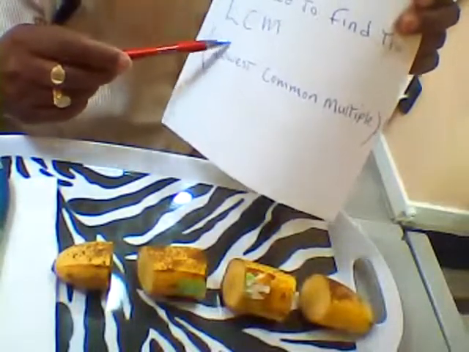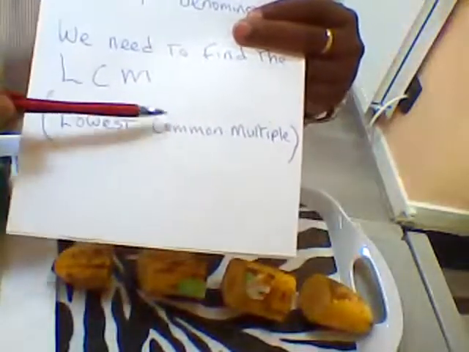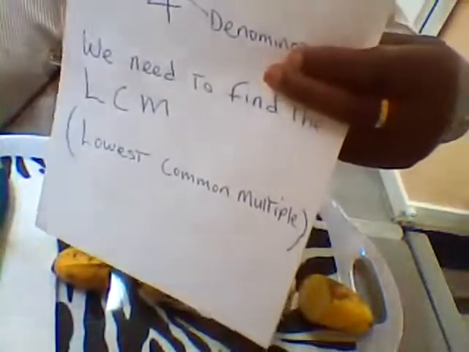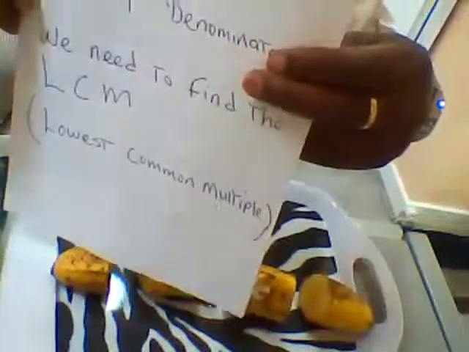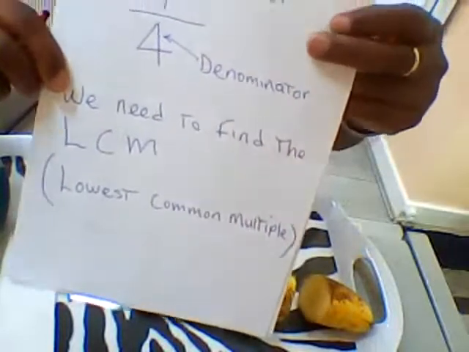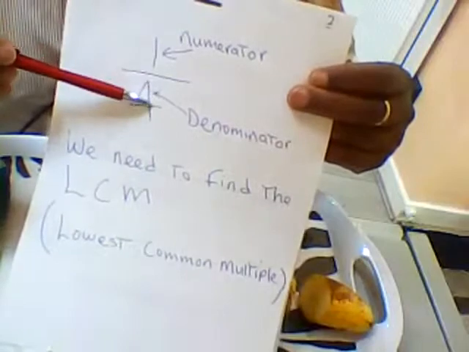That's the lowest common multiple. Lowest common multiple, okay? Let me make sure you can see it. Turn it around in the light. Get my banana back over here. And that's the fraction that would be written as, okay?